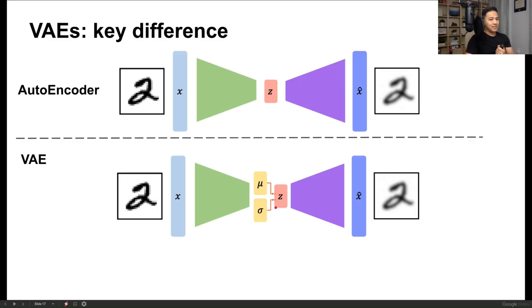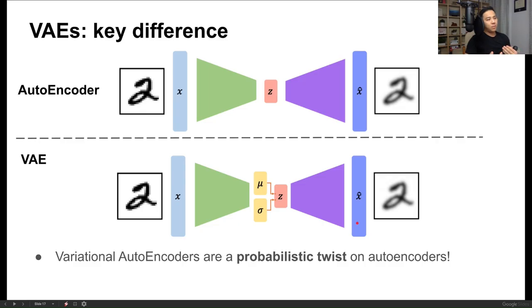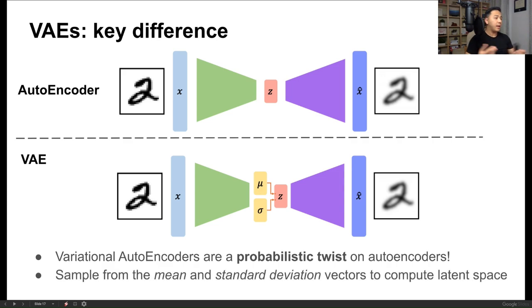Now, why does it matter if I sample? Because now, instead of having a fixed representation, my autoencoder actually has a probabilistic model in it. And let me explain later why this actually works better for the reconstruction of the images. So yeah, you sample from a mean and a standard deviation vector to compute the latent space.